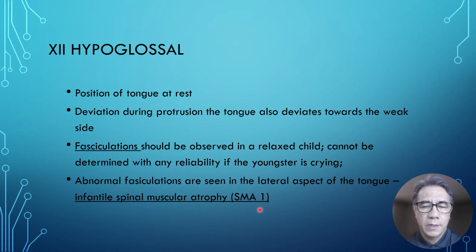But if the patient is at rest and not crying, and you are able to gently open the mouth and see the tongue, and you notice abnormal twitching or fasciculations at the lateral aspect of the tongue, that is definitely abnormal and suggestive of anterior horn cell disease such as infantile spinal muscular atrophy. In this situation, babies are usually hypotonic and weak almost at the time of birth or shortly thereafter.